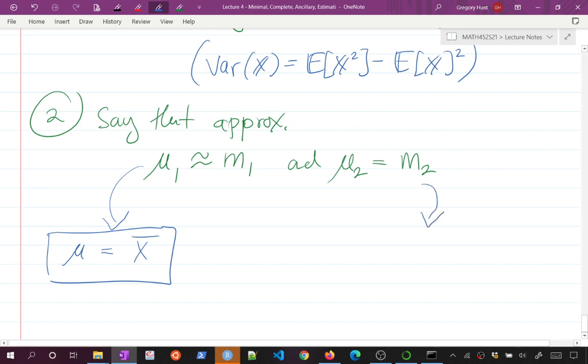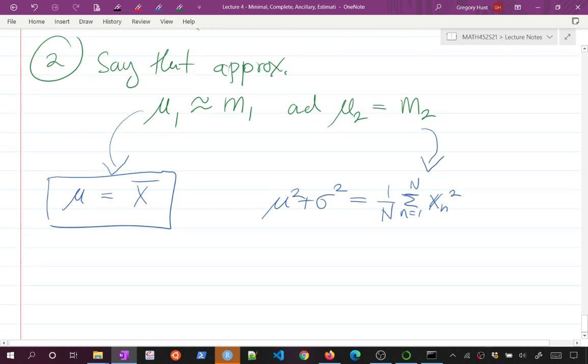For the second relationship, if I approximate my second moment by the second sample moment, my second moment is mu squared plus sigma squared, and my second sample moment is 1 over n, sum of the xn's squared.